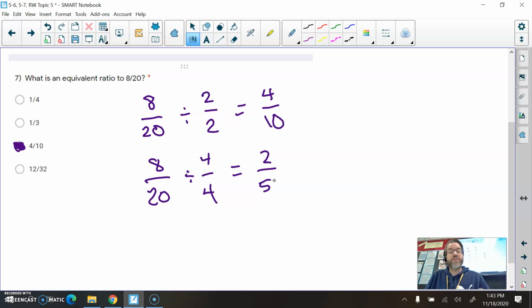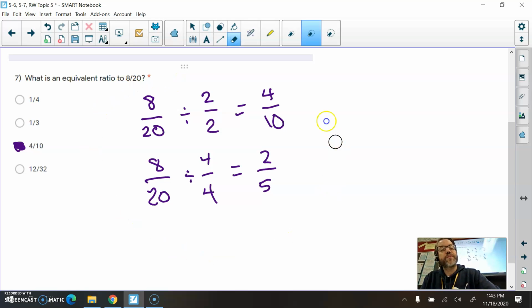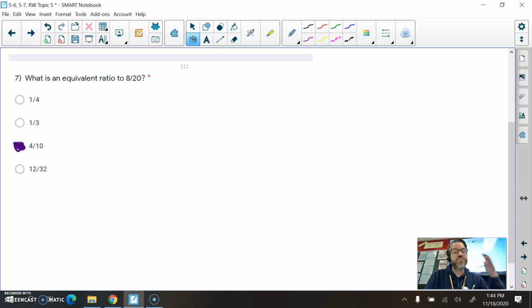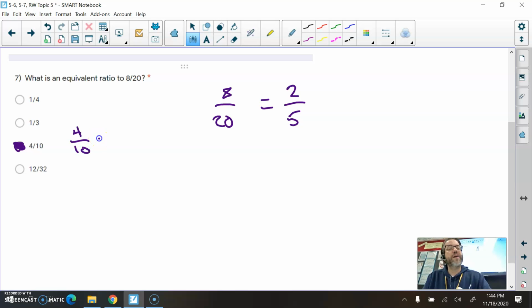And honestly, what I would recommend on a problem like this is just get every single ratio in simplest terms. Like 8 over 20, divide them both by 4, and you'd get 2/5. And then do that here. This one, 1/4 is in simplest terms, so is 1/3. 4/10, if you simplify that by dividing them both by 2, you get 2/5.